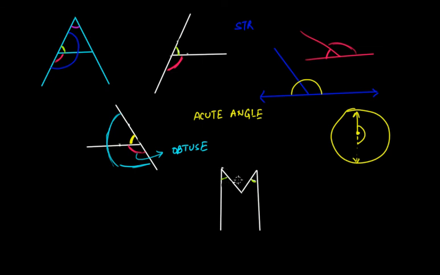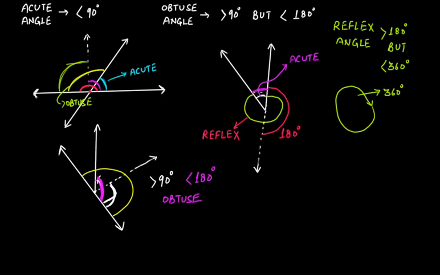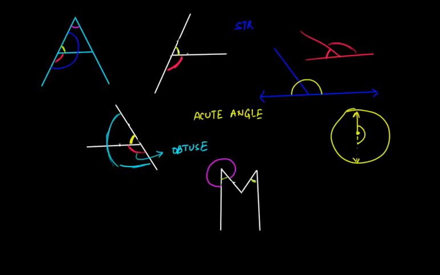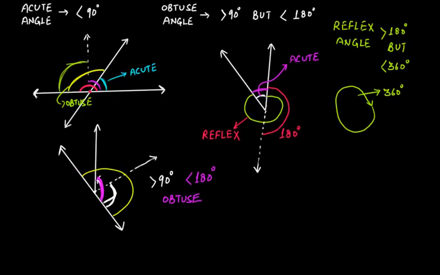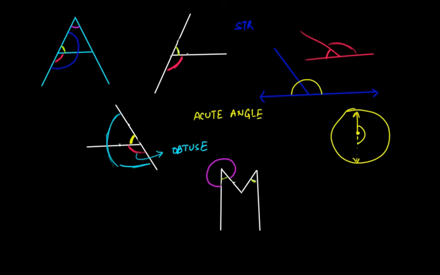What next? Next can be, what about this angle? If you remember, we have discussed the same thing in our previous video, so I'm not going to explain how. To understand how, you have to watch that video because it will take time. This is an acute angle, therefore this will be a reflex angle.